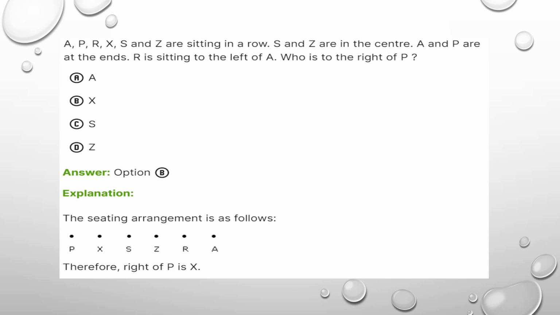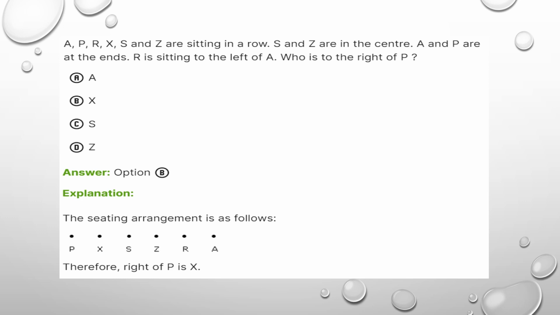Now the third sentence in the question is: R is sitting to the left of A. It means that if A is sitting at the end and R is the neighbor on the left side, then A is definitely at the right end but not at the left end. So this third sentence confirms the positions of R and A.